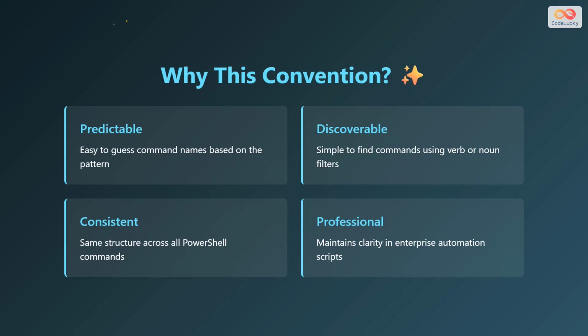The same structure is used across all PowerShell commands, whether they're built-in or from third-party modules. And finally, it's professional. This clarity is especially valuable in enterprise environments where automation scripts need to be maintainable and understandable by multiple team members. The verb-noun convention makes PowerShell one of the most intuitive command line interfaces available today.